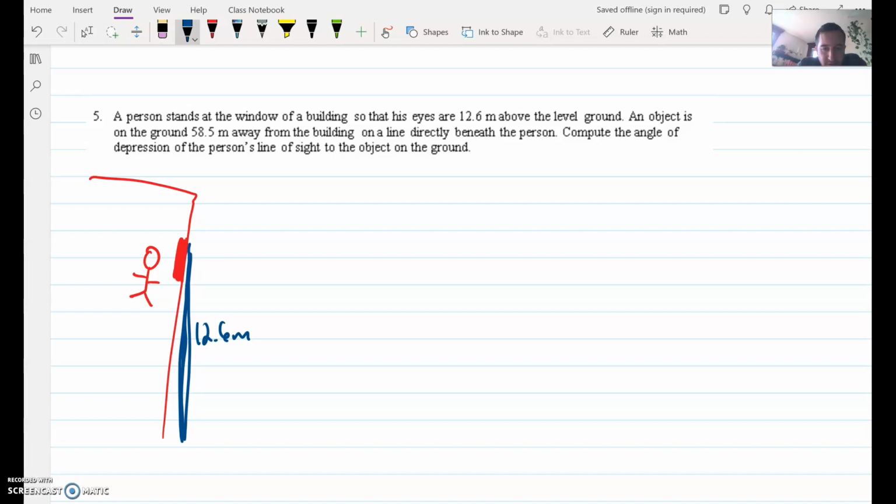An object is on the ground, so over here's the object. It's just a little brick. And it's 58 meters away from the building on a line directly beneath the person. Compute the angle of depression of the person's line of sight to the object on the ground.